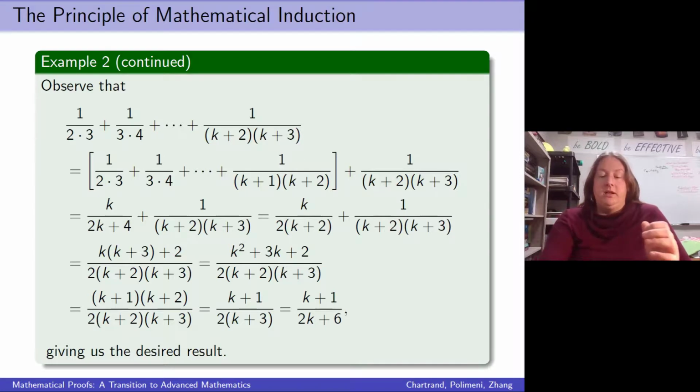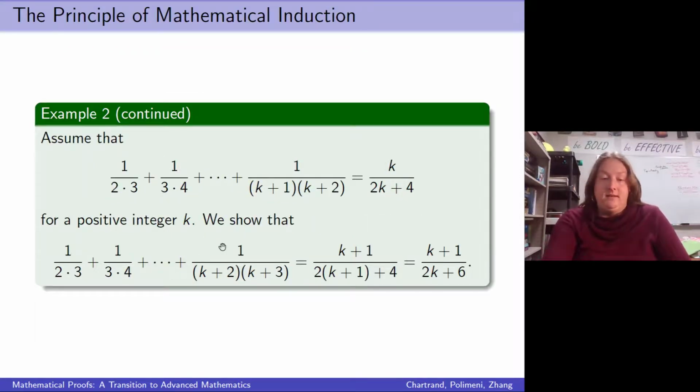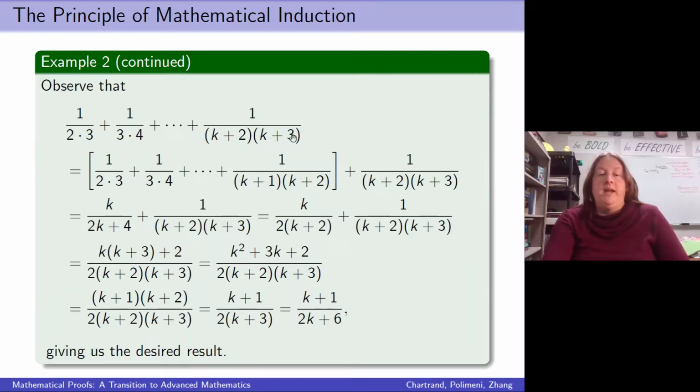So let's take a look. Again, we look at the sum side to start, and we're trying to get to this part by using the induction hypothesis to help us get there. So that's our proof strategy. So we have the sum that was on the left-hand side, and we note that the term right before this last one that was written is actually 1 over the quantity k plus 1 times the quantity k plus 2.